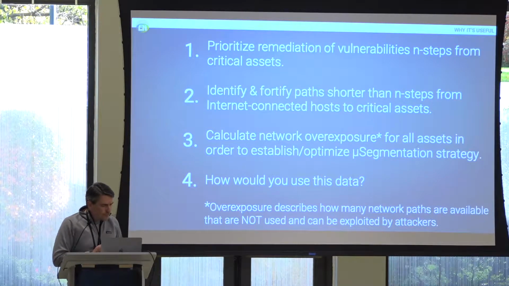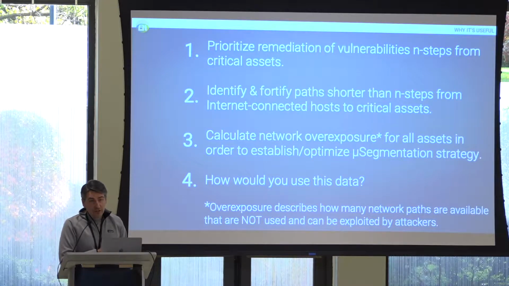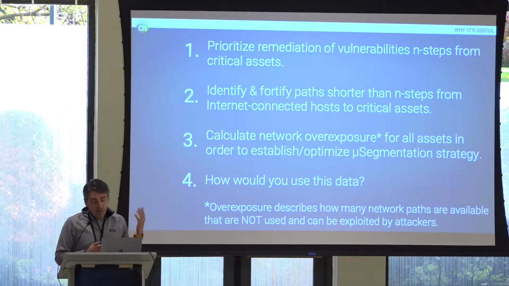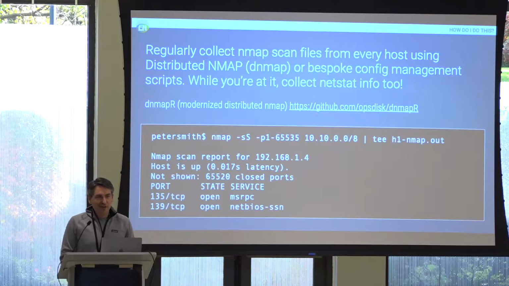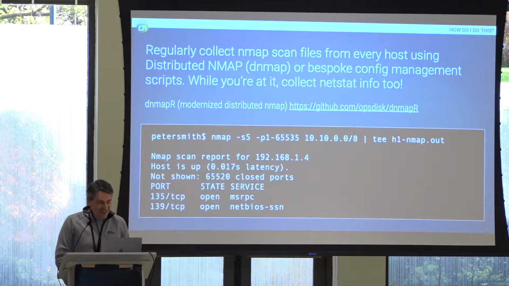resources. I think at the end we should have a chat about how would you use this data. This is just 3 possible options. There's a multitude of ways you could leverage this data. Before I hand it off to John, the only thing that you didn't come here to learn is how to use Nmap. I'm sure everybody in this room knows how to use Nmap.